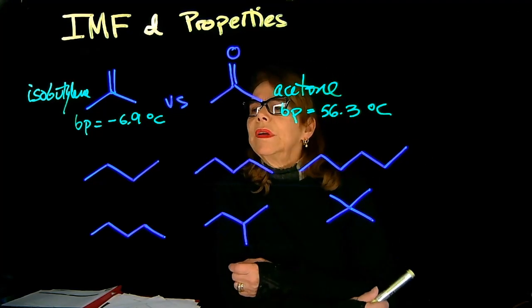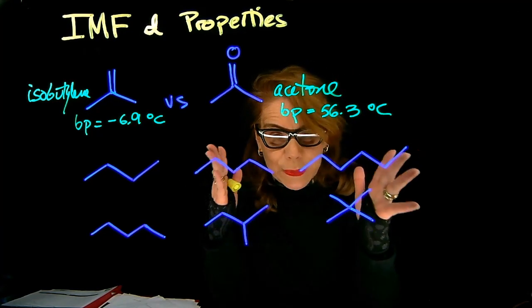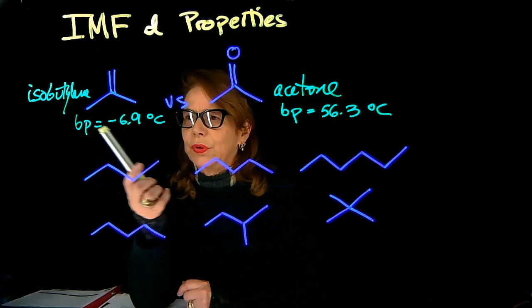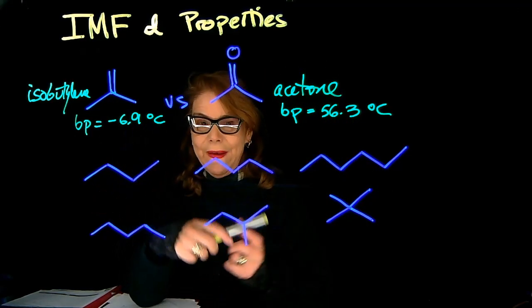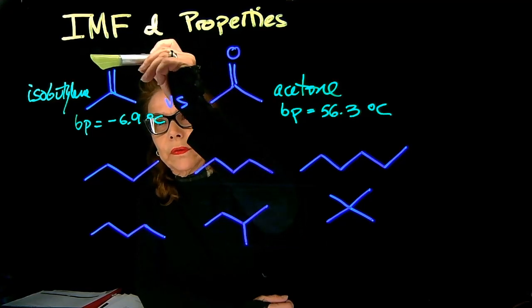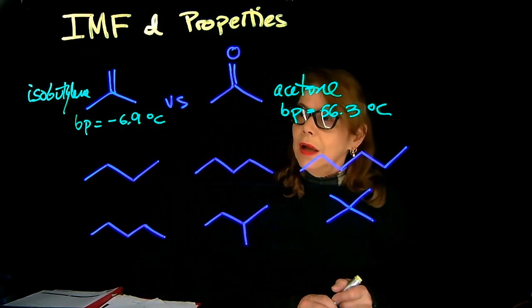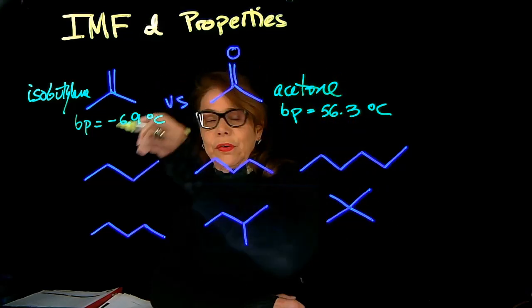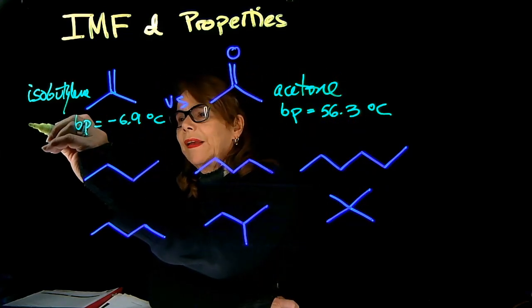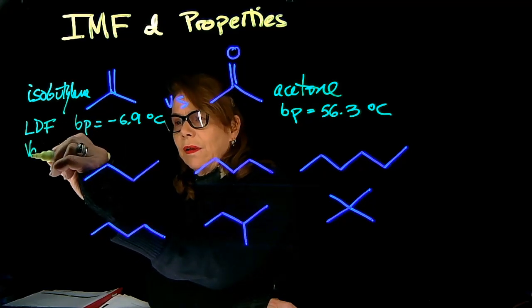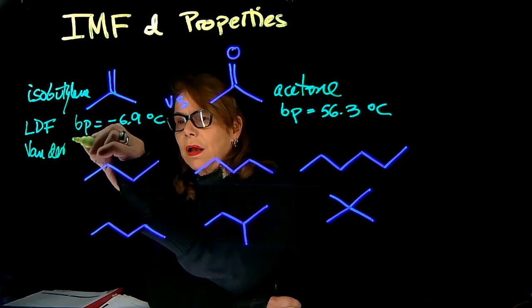So how can we explain that in terms of intermolecular forces? Notice that isobutylene has just carbons, and all of the bonds here, there are 2 bonds to hydrogen. Here we have 3 hydrogens and 3 more on this side. So the only intermolecular force we can have here is London dispersion forces, also known as van der Waals.